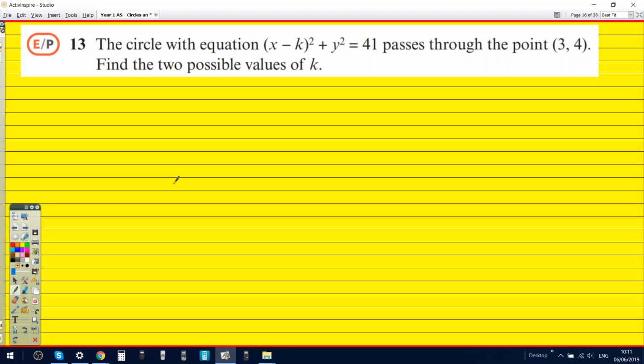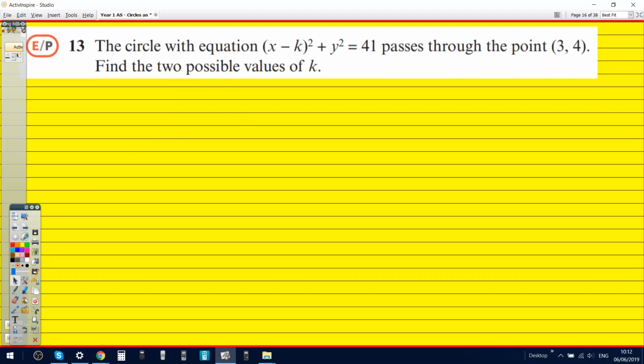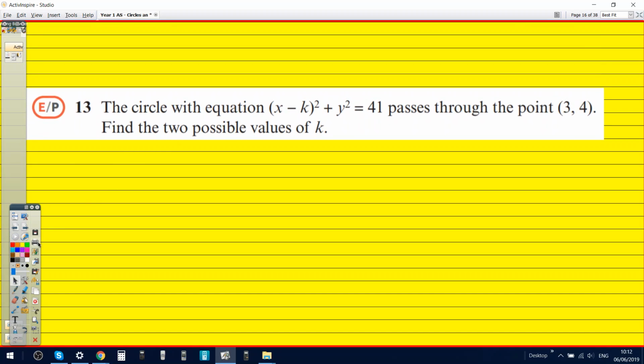Circles equation. What's the point, sorry? The circle passes through the point. Yeah, perfect. Cheers.